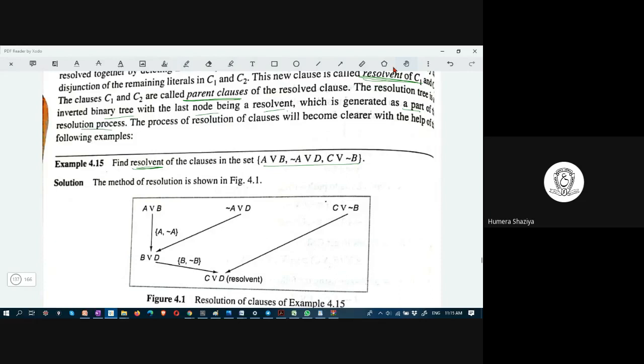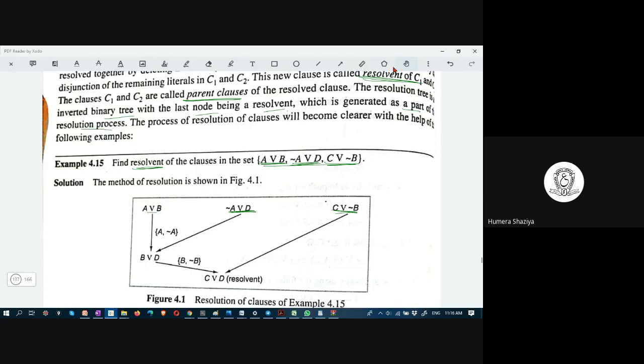There is A or B, the first one, not A or D, the second one, C or not B, the third one. Taking A or B and not A or D, here A and not A can be eliminated.